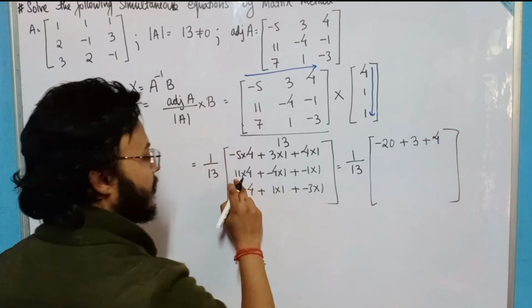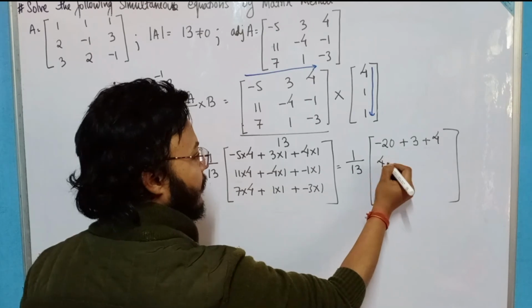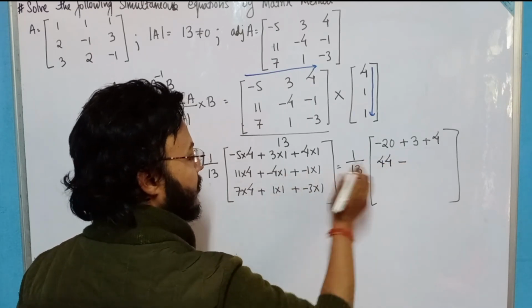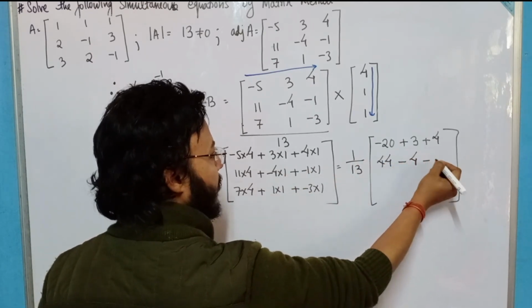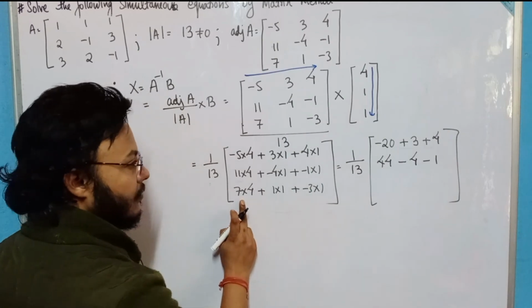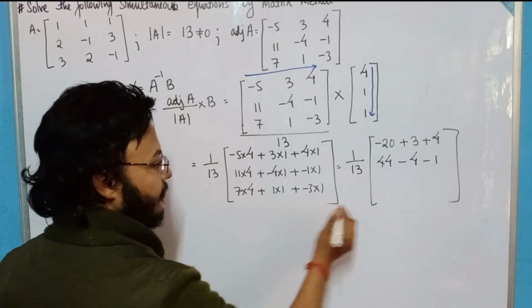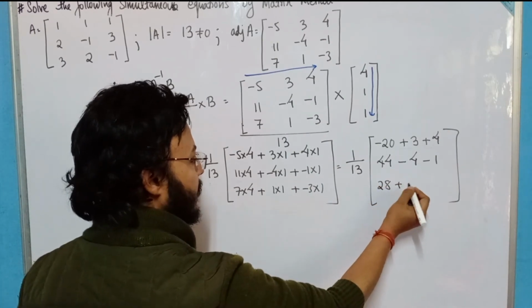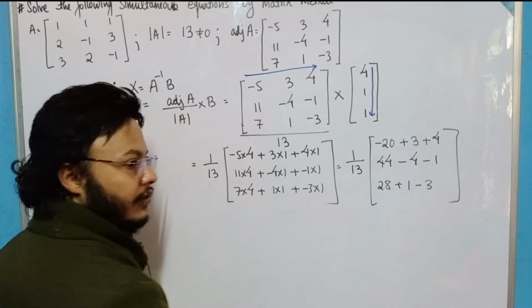Similarly this 11 into 4 is 44, 44 minus 4 minus 1. Similarly this, how much will it be? 7 fours are 28, 28 plus 1 minus 3.